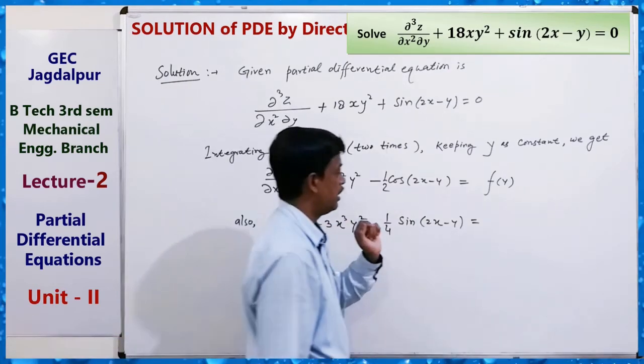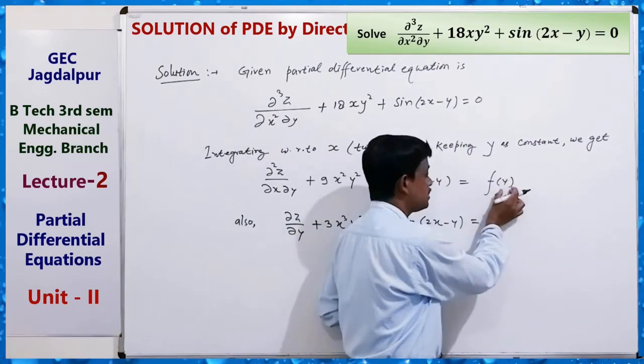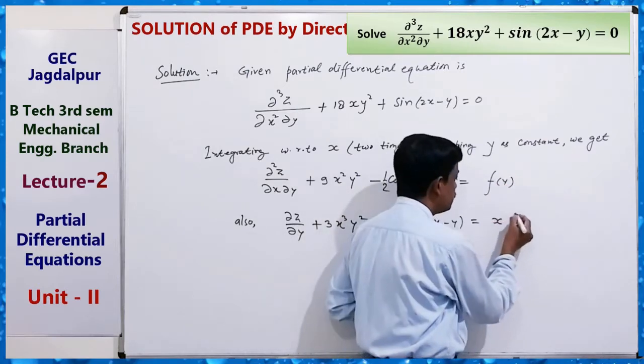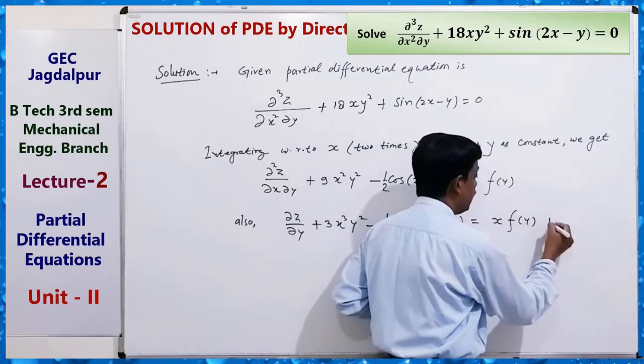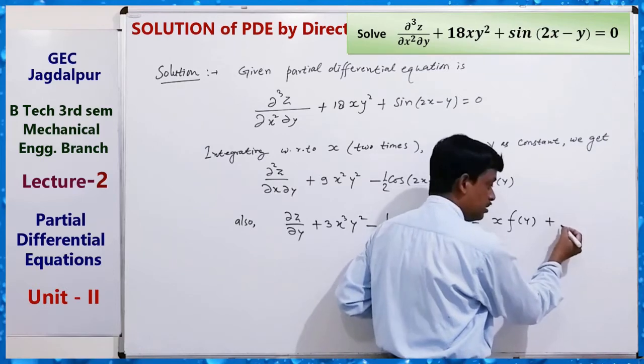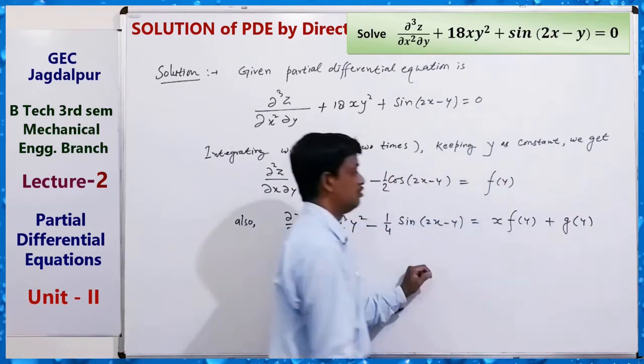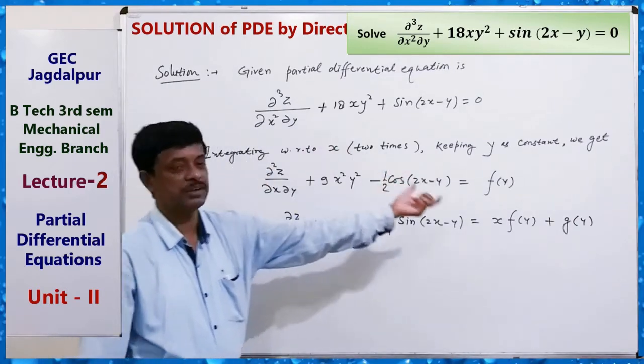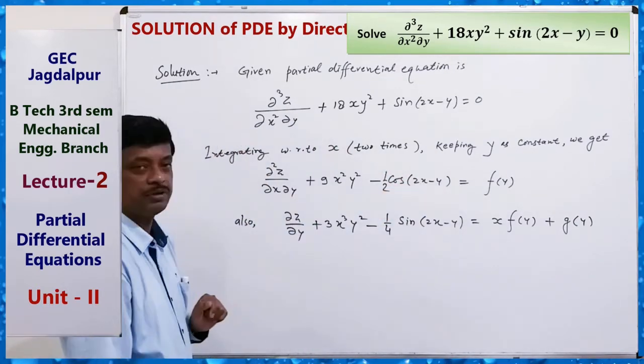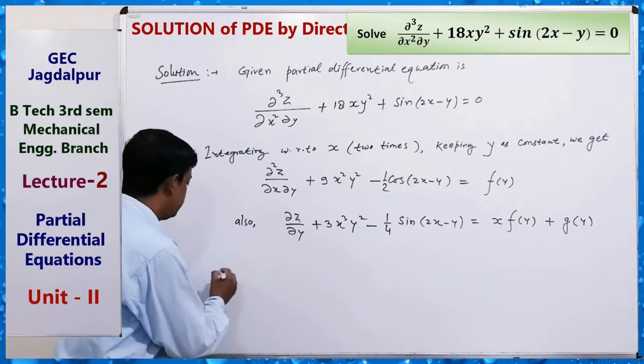And this is treated as a constant, so x into f(y), and also add another constant that may be a function of y. That's why we are writing it like this.